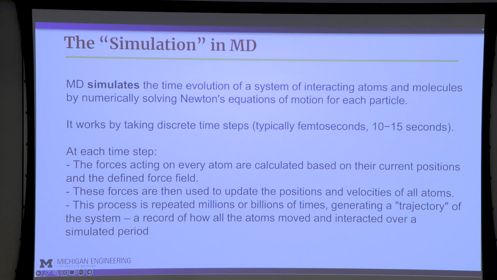And so it works by a discrete time step I was mentioning before. And at each time step, this is basically the algorithm: the forces acting on an atom are calculated based on their positions. And then they are used to update the positions of the atoms. And the process is repeated millions or billions of times. And then you develop a trajectory. Okay?